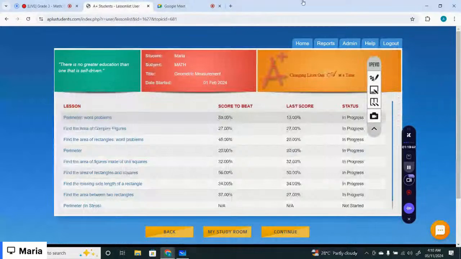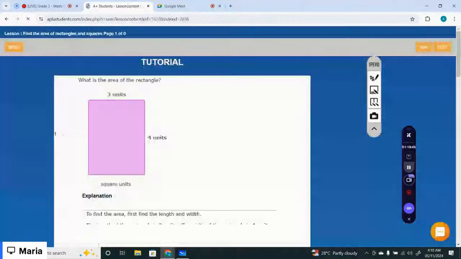The next lesson is find the area of rectangles and squares. What is the area of the rectangle?